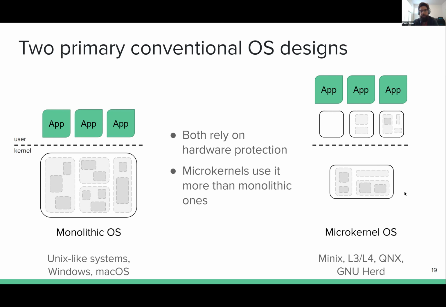Microkernels are not new, but they're a different design where you try to have everything moved up into user space for fault tolerance reasons. If something crashes, it doesn't kill the whole machine. And you keep the kernel itself as small as possible. Some examples are Minix, any L3 or L4 based systems like seL4, QNX, and even GNU has one called GNU Hurd.